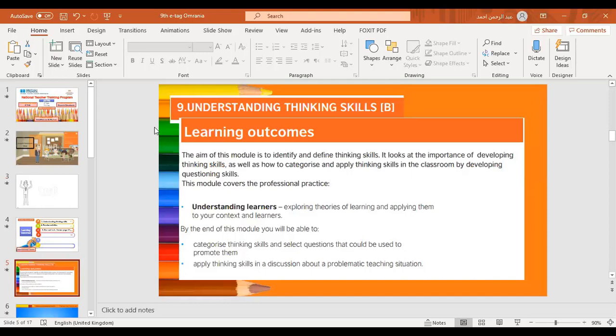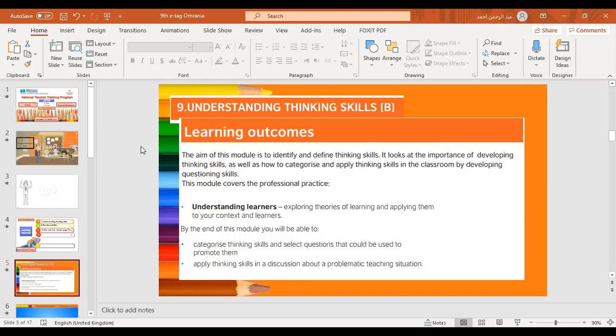As well as how to categorize and apply thinking skills in the classroom by developing questioning skills. So by the end of this module, you will be able to categorize thinking skills and select questions that could be used to promote them.